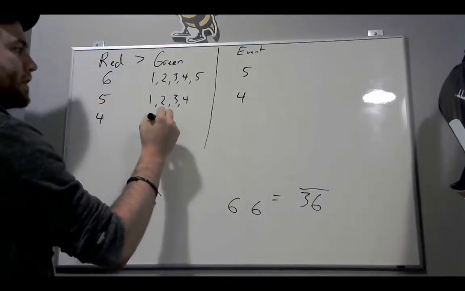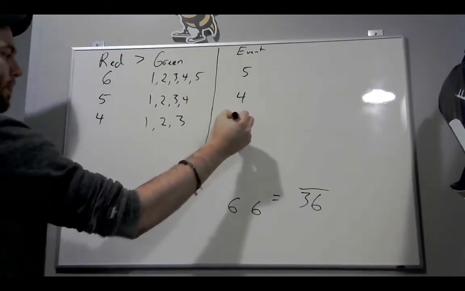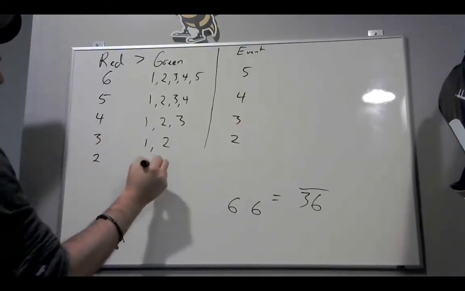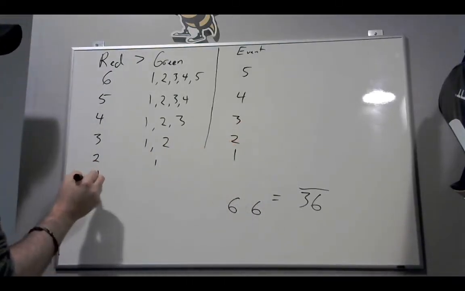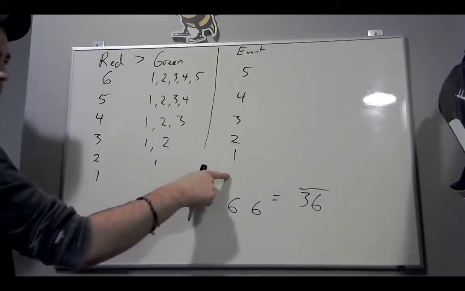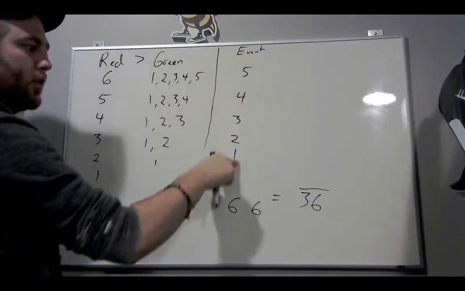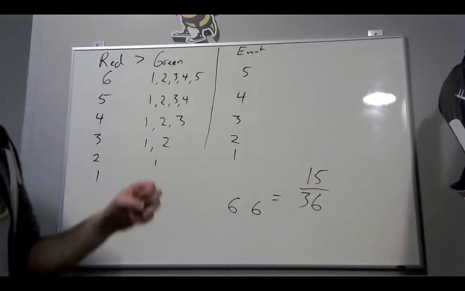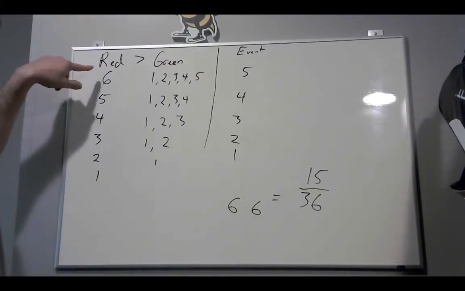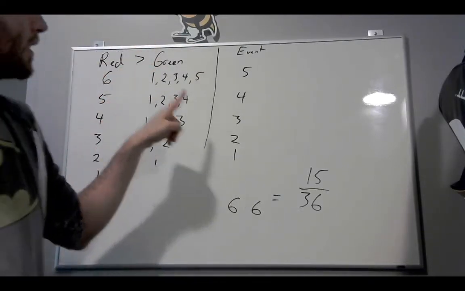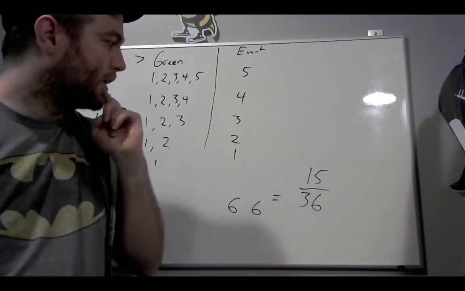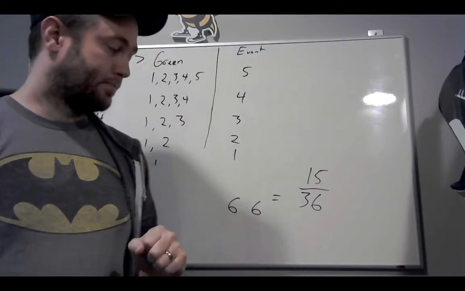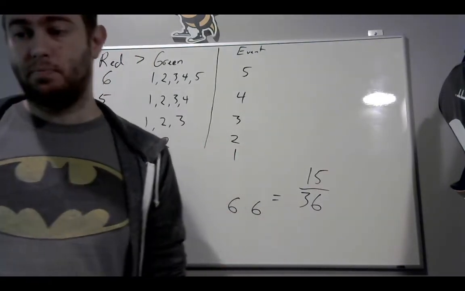And we can keep on continuing this trend. And there's nothing to be less than 1, so there's nothing here. So all I have to do is now count up this, and I get 15. So there are 15 different ways that it could possibly be my red die being greater than my green. So that means I have a 15 in 36 chance of that happening, which is almost close to a half. So almost half, which is pretty good.